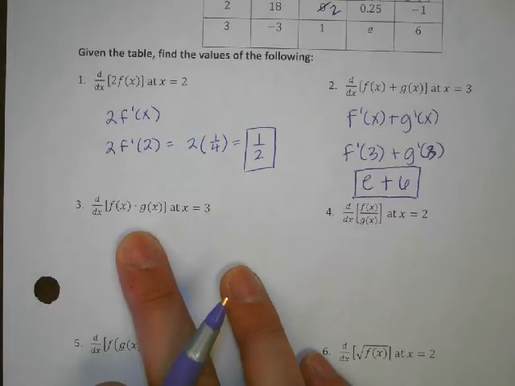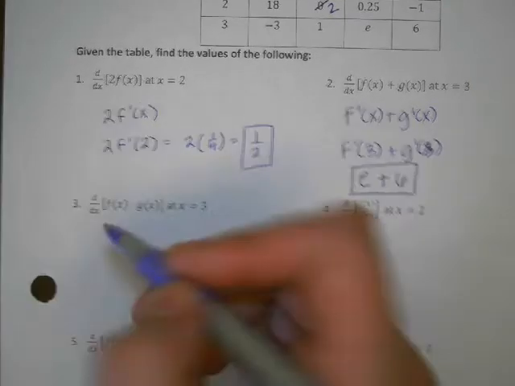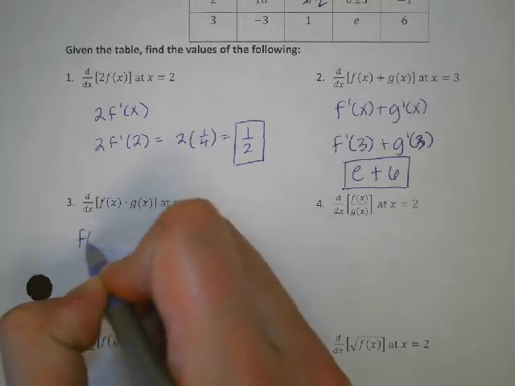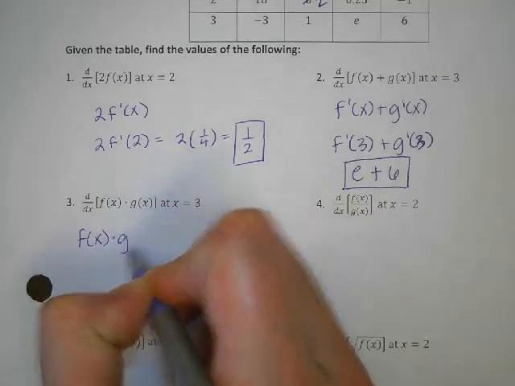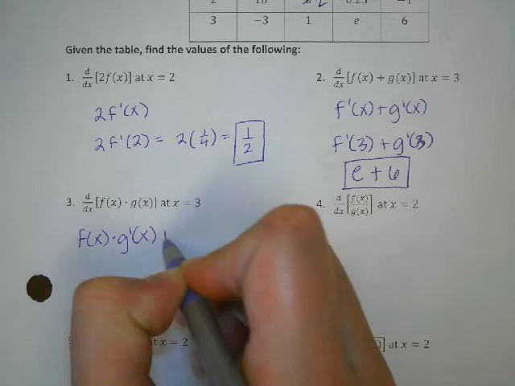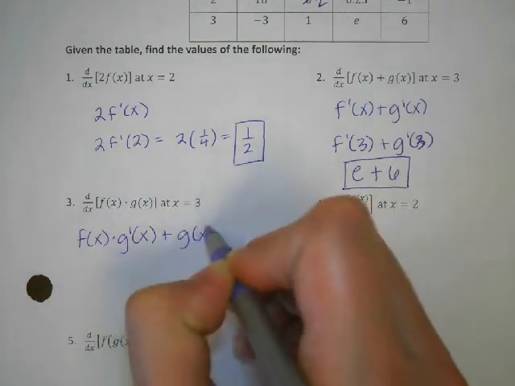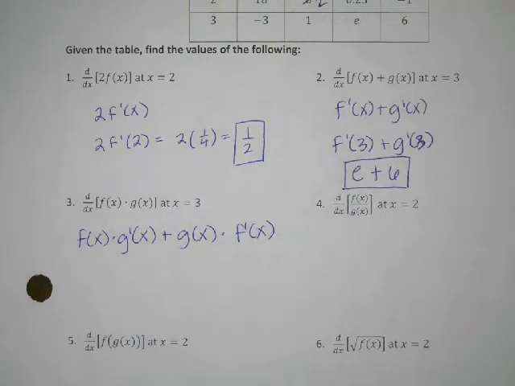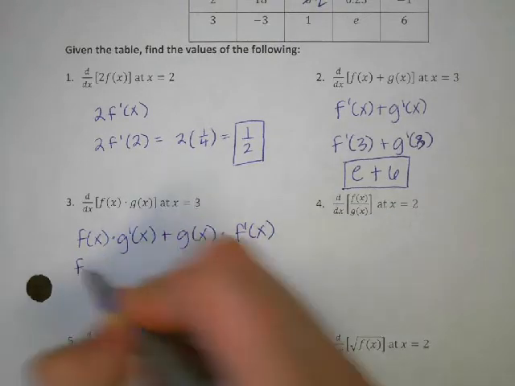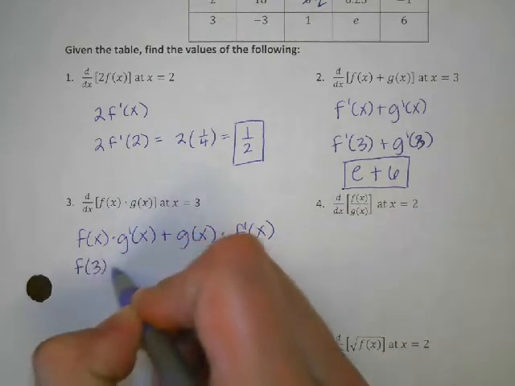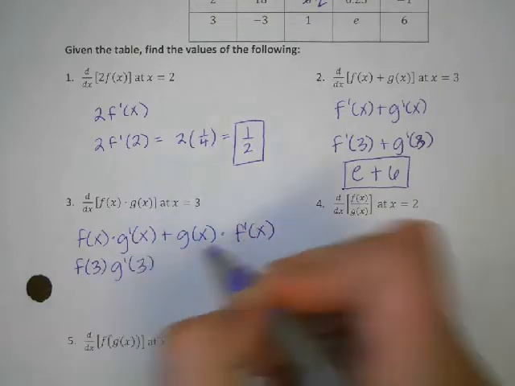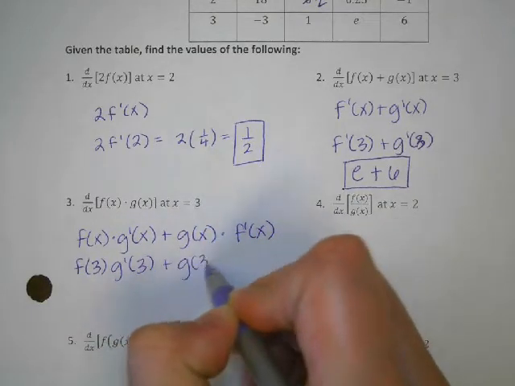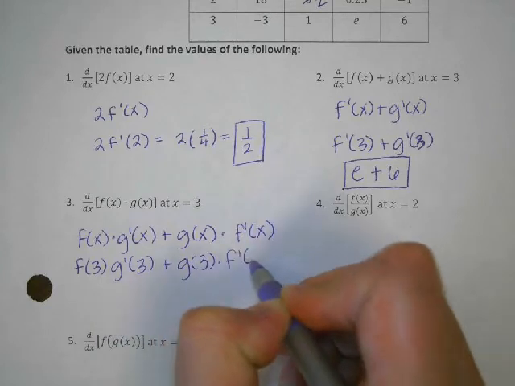All right, this next one is f of x times g of x, so that's the product rule. I'm going to say the first times the derivative of the second plus the second times the derivative of the first. And so that's f of 3 times g prime of 3 plus g of 3 times f prime of 3.